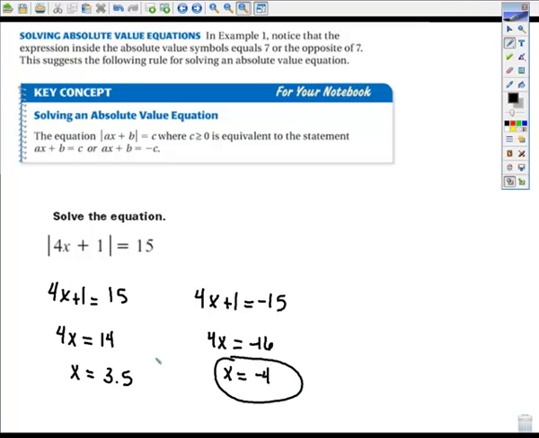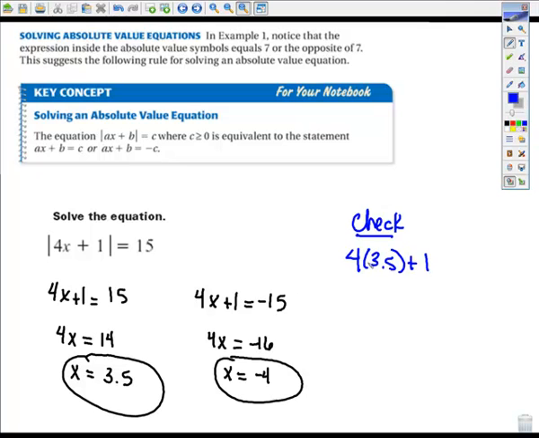Now I'm not saying that my c value is negative 4. We're saying that x equals negative 4. And in fact, we can check this just to make sure that it's correct. So we'll put a little check over here. If I do 4 times 3.5 plus 1, I'm putting it into the original.